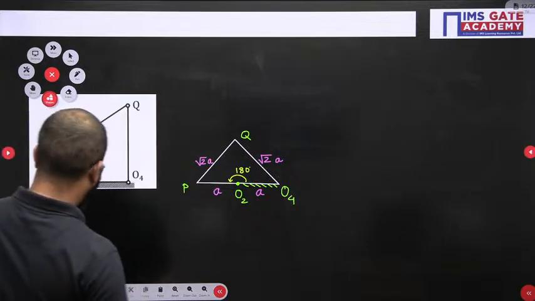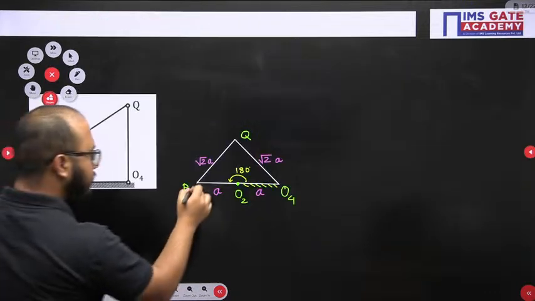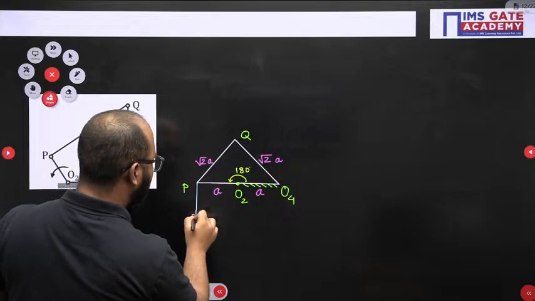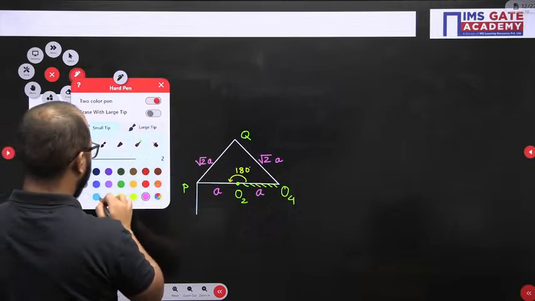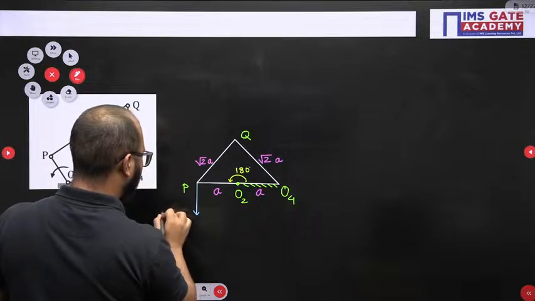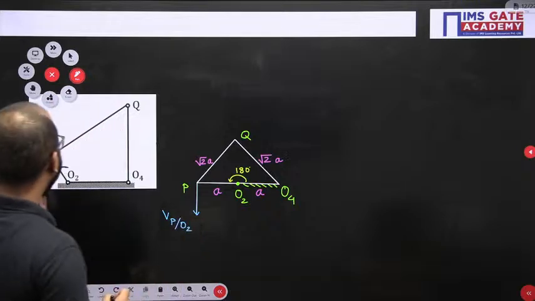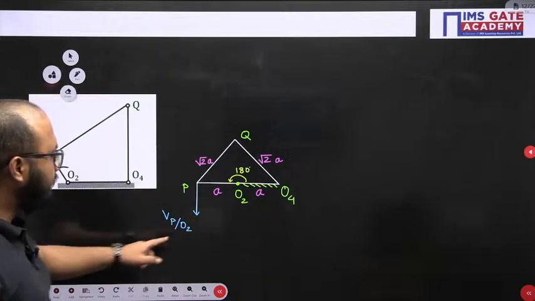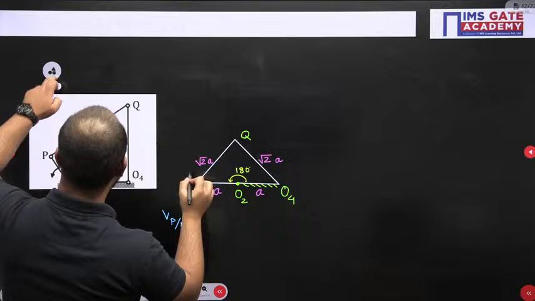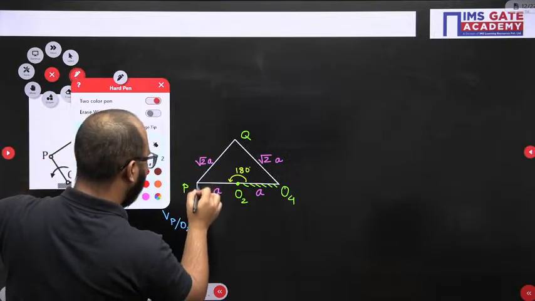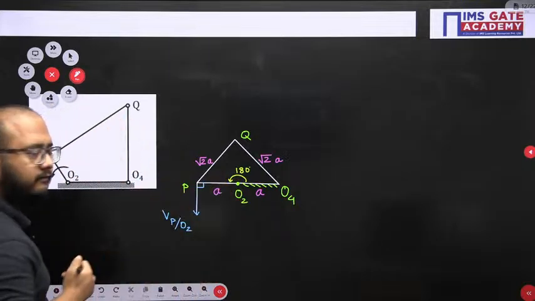For O2P, 2 radian per second they have given, right? So obviously the velocity vector of P with respect to O2 will be like this, right? Velocity of point P with respect to O2. And one more thing, it will be perpendicular to link PO2 or O2P.